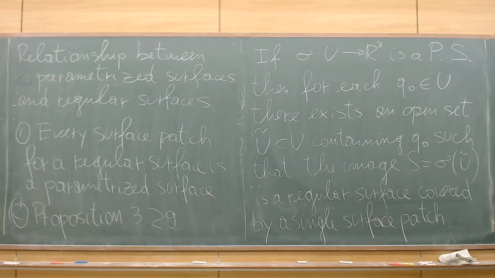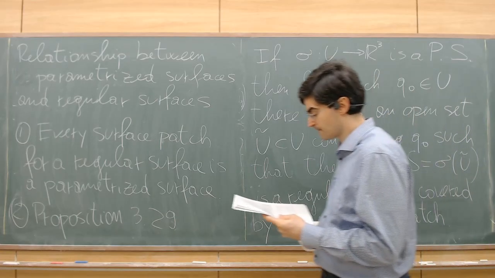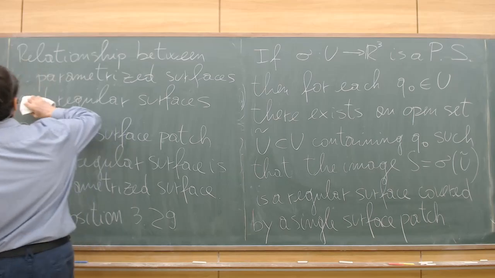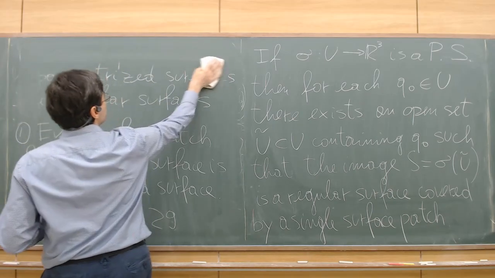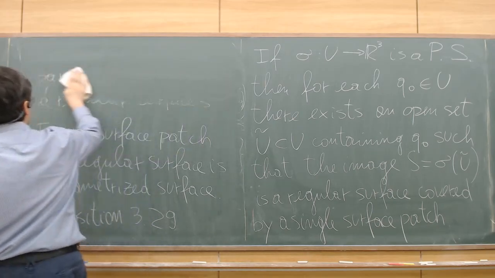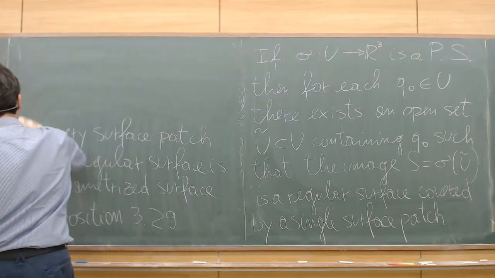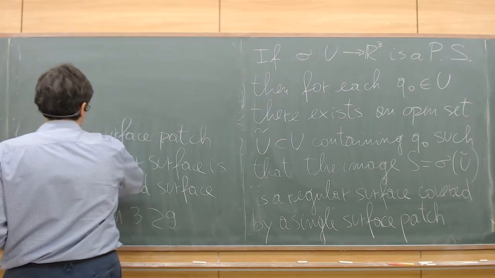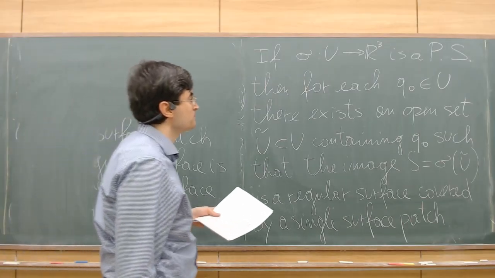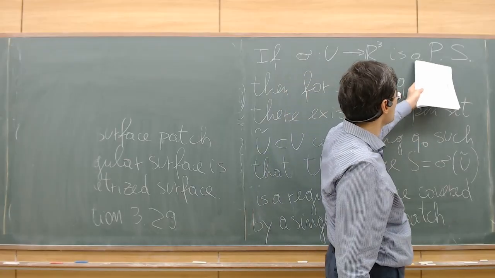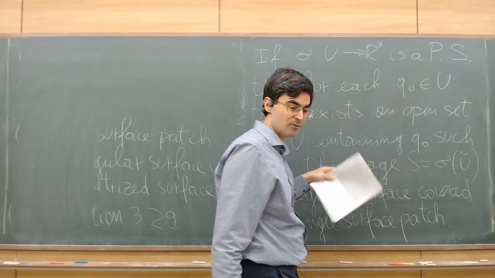Okay, let's try to prove this result, which says that every parameterized surface locally is a regular surface.